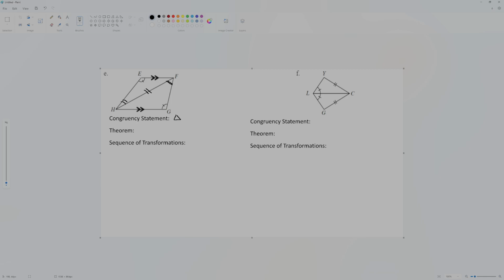Okay, so I'm going to go from single to double. Triangle EHF is congruent to triangle GFH. This would be angle, angle, side. You could technically do angle, side, angle as well. So either one of those would work.